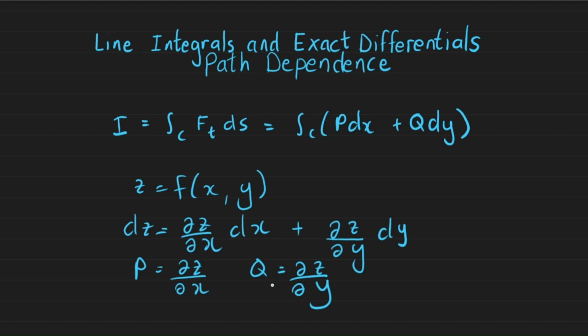And we said that if dz is an exact differential, then if we differentiate this first derivative with respect to y, it should equal this other derivative with respect to x, because we know that mixed partials are equal. That is, the second derivative of z with respect to x and then with respect to y should equal the same thing, but initially with respect to y and after that with respect to x.